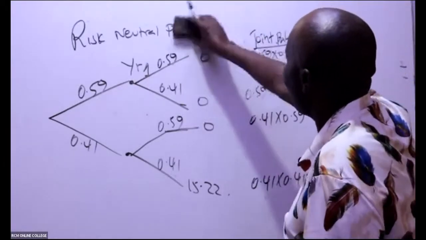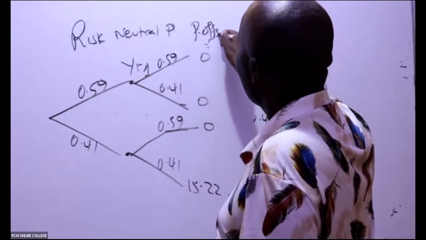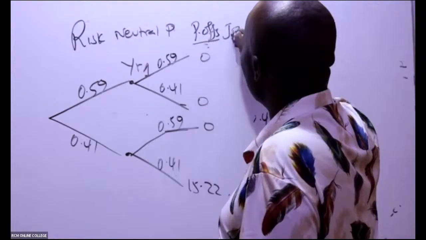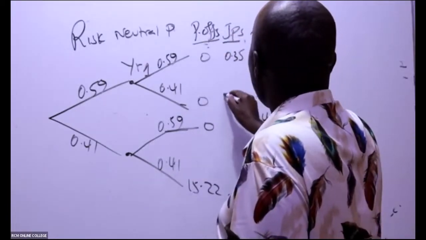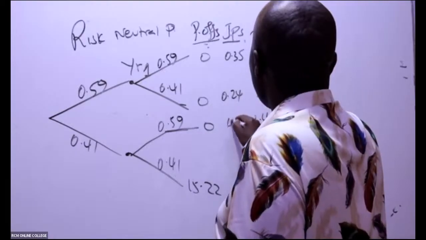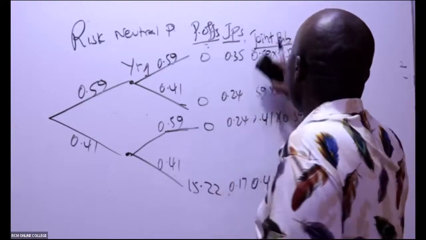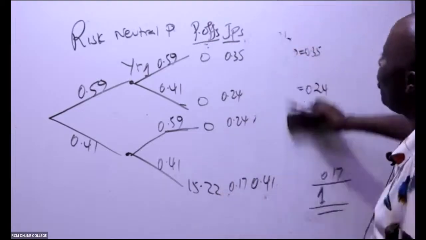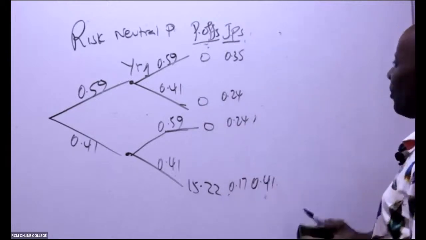You see, these are payoffs, and these are JPs, joint probabilities. I'll write them here: 0.35, 0.24, 0.24, 0.17. Just like how you do it in advanced management accounting, you take the payoffs times JPs, times probabilities.